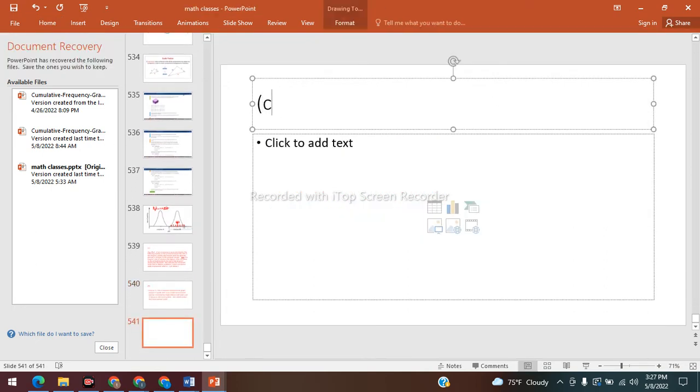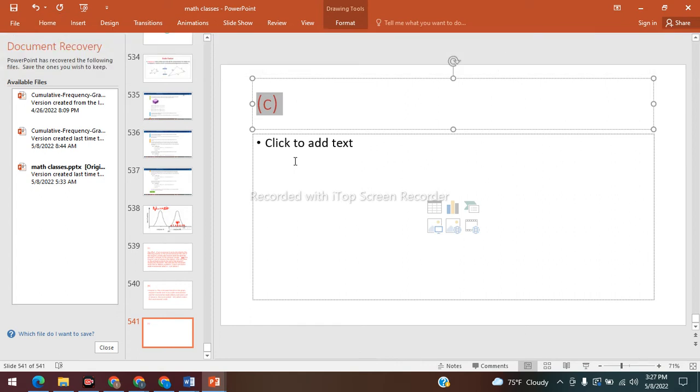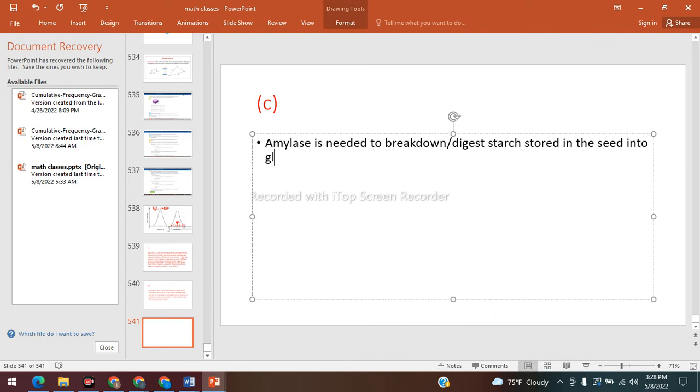We'd say, oh my god, it's cooperating. We'd say, amylase, sorry. So amylase is needed to break down or digest starch stored in the seed into glucose.